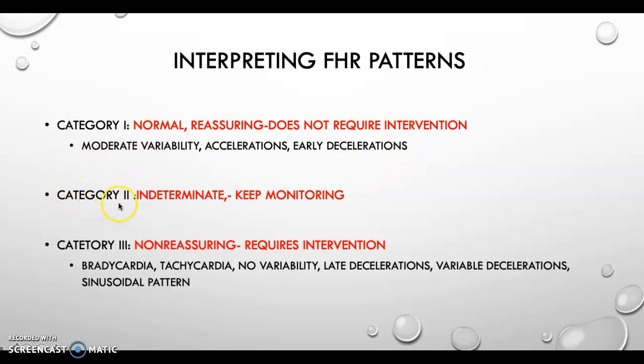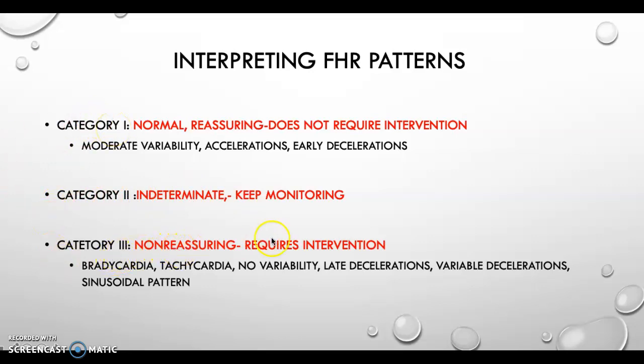Then if we see things that look like they could be a problem or they're non-reassuring, we will continue to monitor. They're things that you can see down here in category 2. If they keep going, and position changes, giving O2, things like that are not changing them, then they will either resolve into category 1 or they will become category 3.